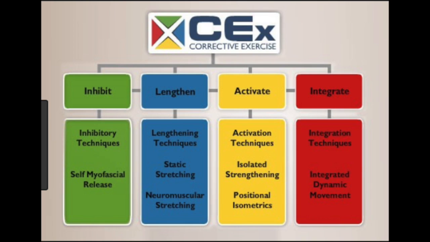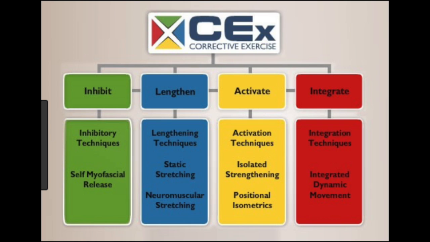We use the corrective exercise continuum to help with any neuromusculoskeletal issues that we find in a client. The corrective exercise continuum includes 4 phases. The inhibitory phase, which includes self-myofascial release. The lengthening phase, which includes static stretching and neuromuscular stretching.